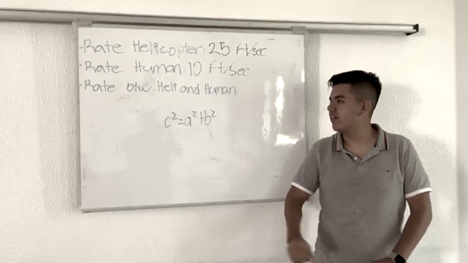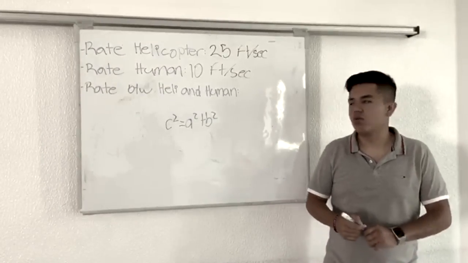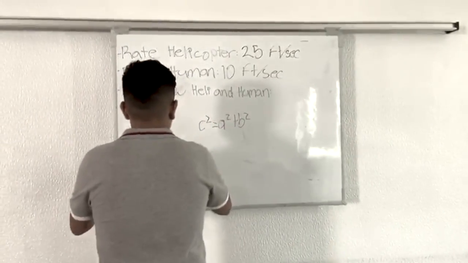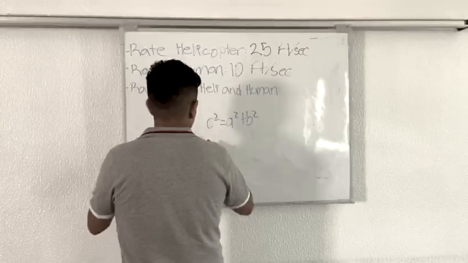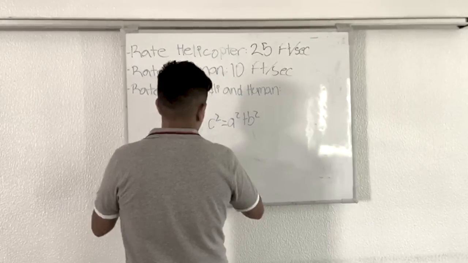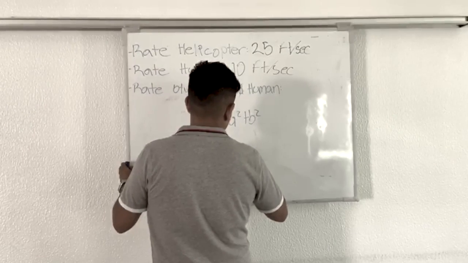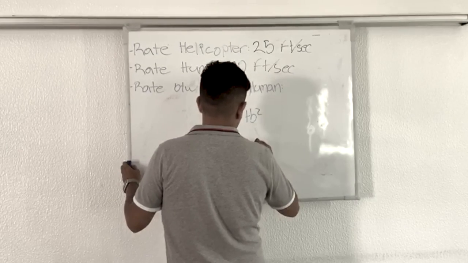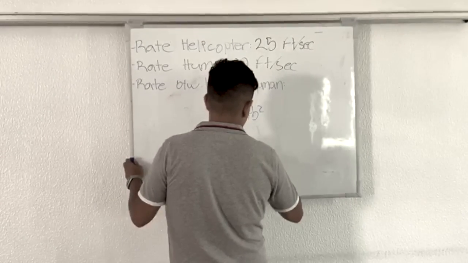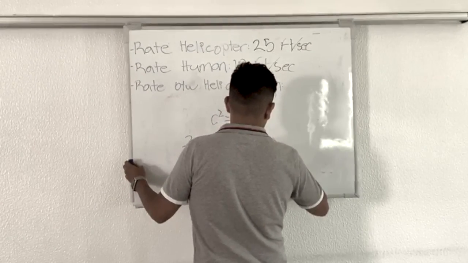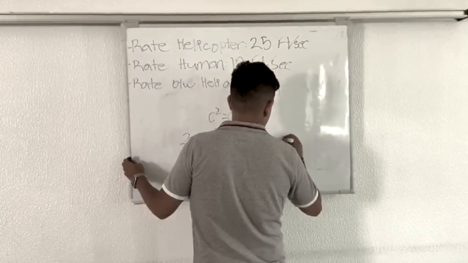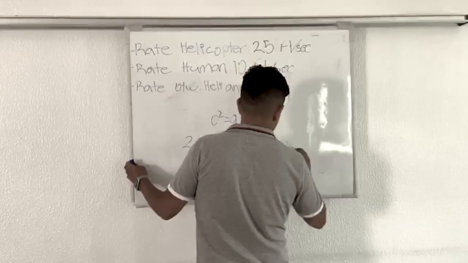We need to derive the formula over time, which is 2c times dc over dt equals 2a times da over dt plus 2b times db over dt.